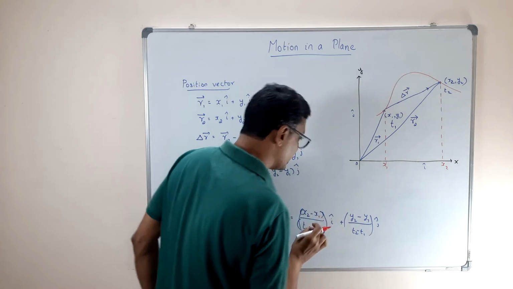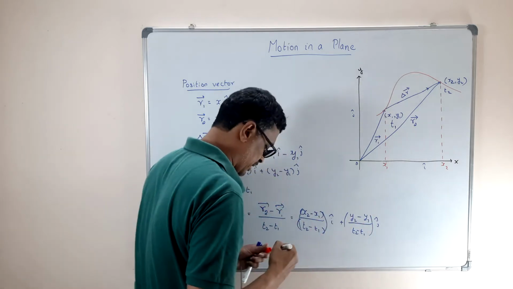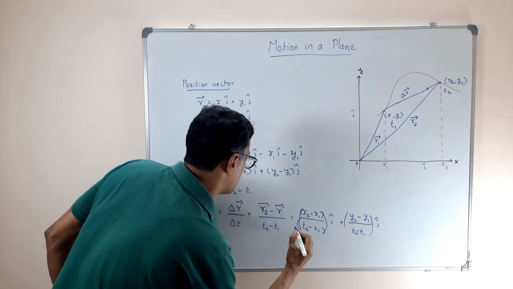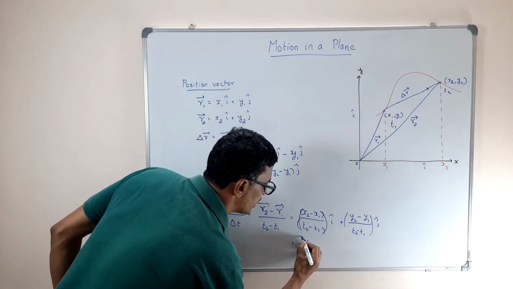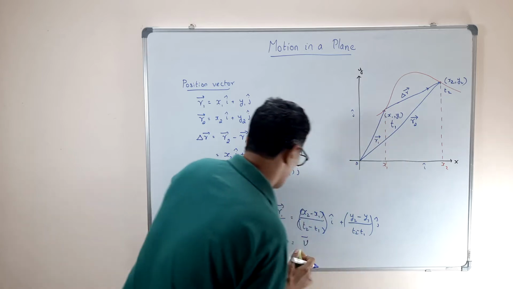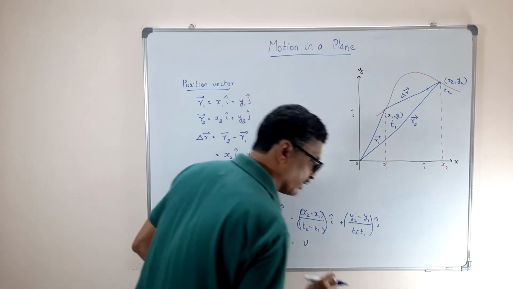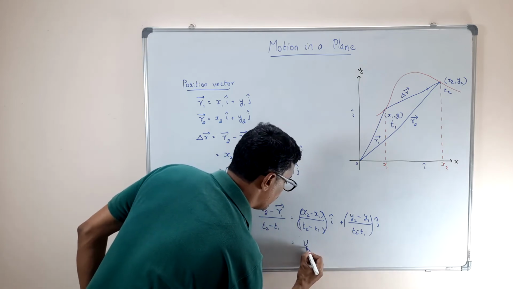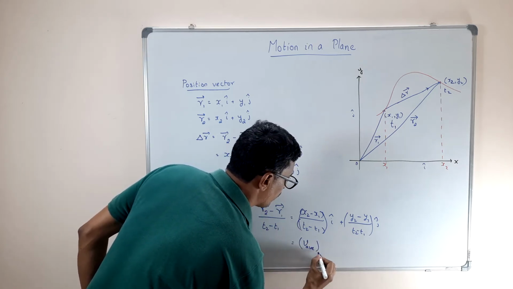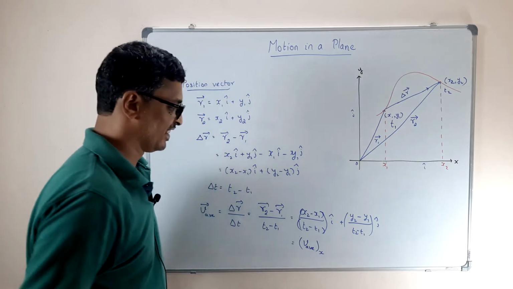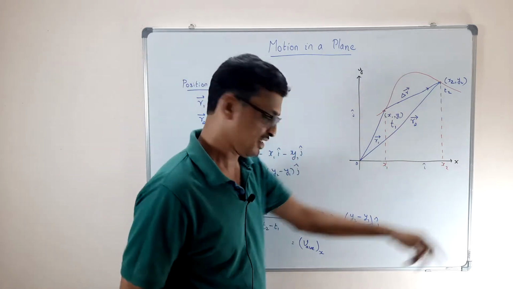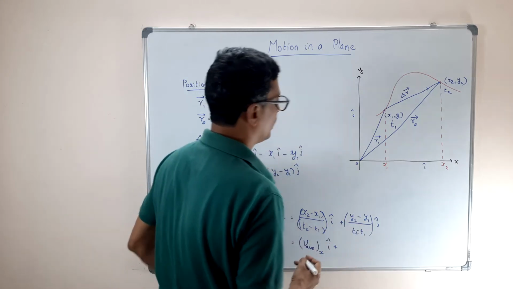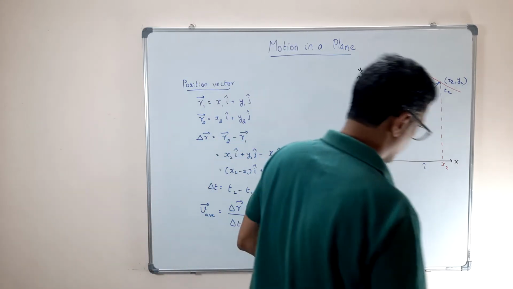So this is nothing but your V average. Let me write it as V average along the x component, into i cap. Am I right? Similarly, this one. So what is this?